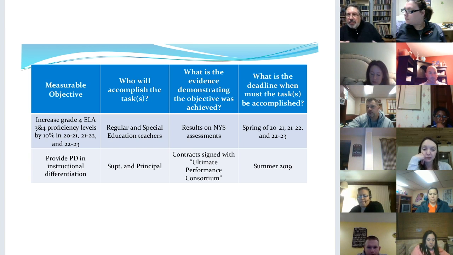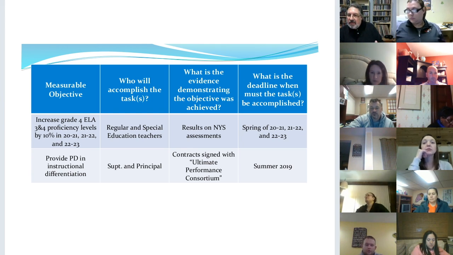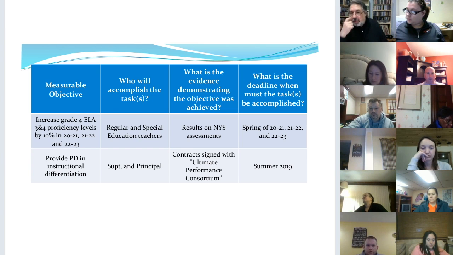I just wanted you to see the development from planning to plan to further on down the improvement line, recognizing that the steps that you take are the same. It's just the content that varies. And just so that you know that it's not just the teachers who are responsible, notice that we also agreed that a measurable objective was to provide PD in instructional differentiation.